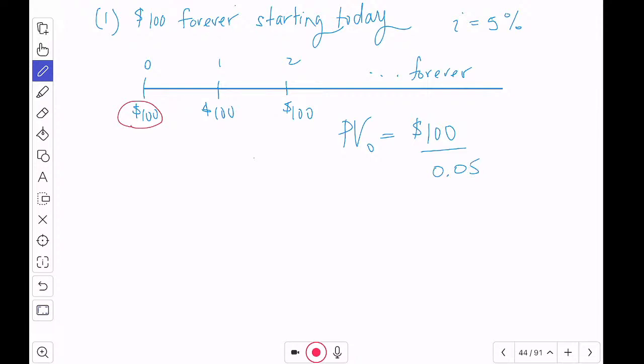That's the rest of it. It's $100 at 5%. That's the perpetuity for that. But then I just have to add in the $100. So this one was 2,000. So the answer is 2,100.